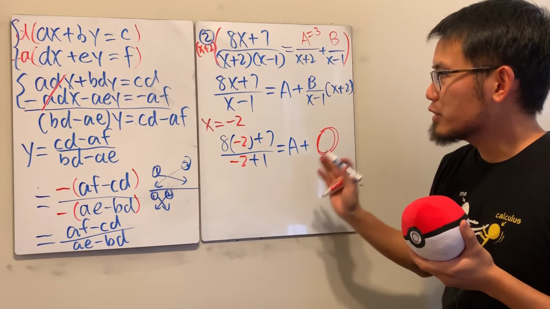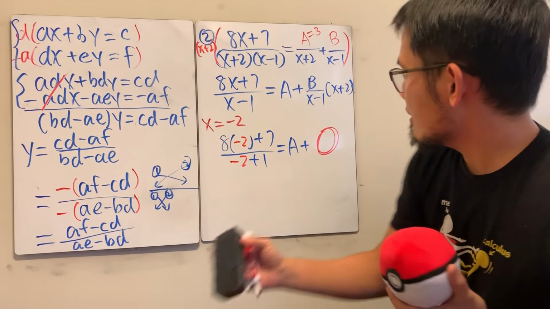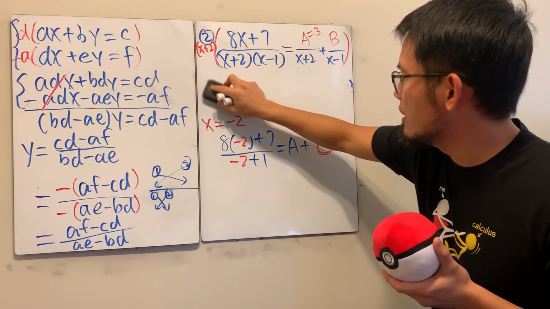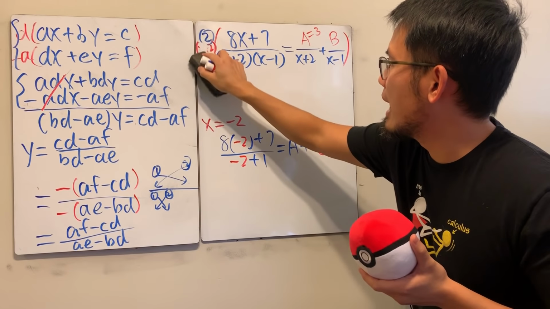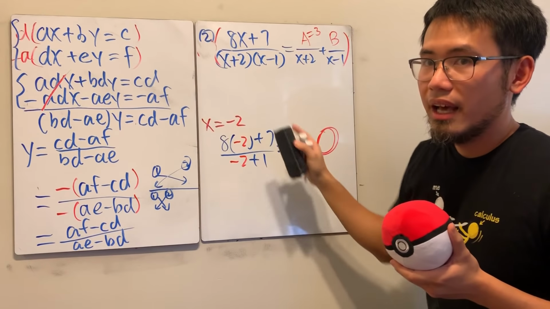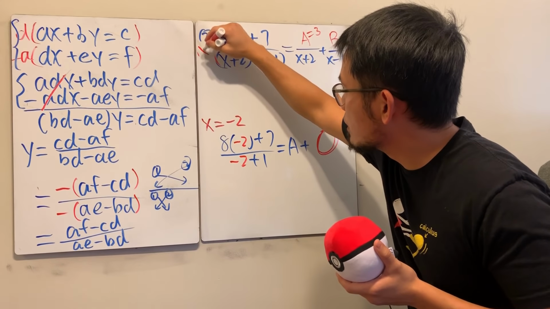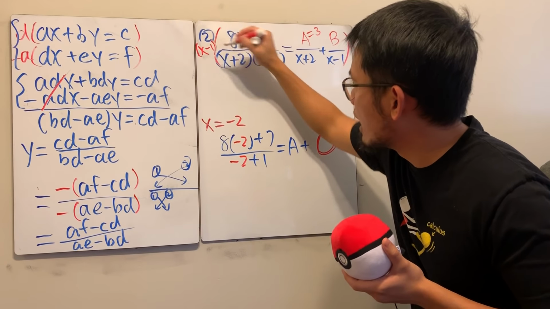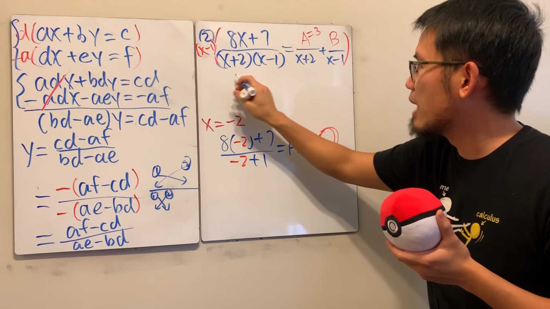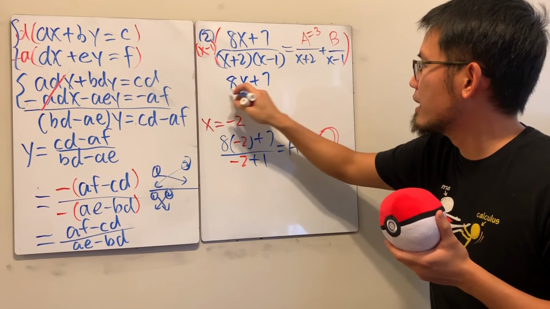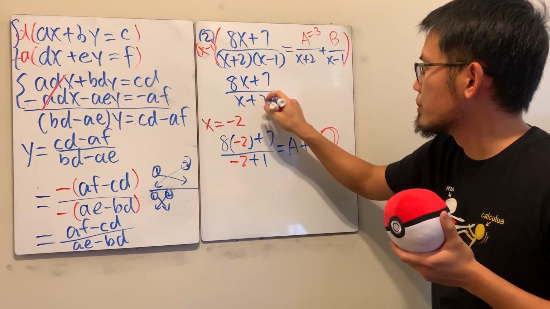And now we can actually do the same thing. If you want to figure out b, we will have to multiply by x minus 1. Right? Same idea. Let's multiply everybody by x minus 1. In that case, the left-hand side becomes (8x + 7) over (x + 2).